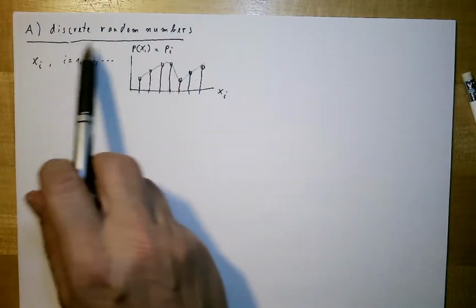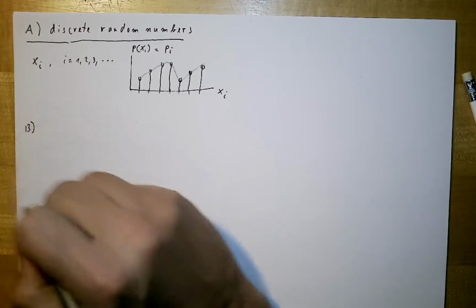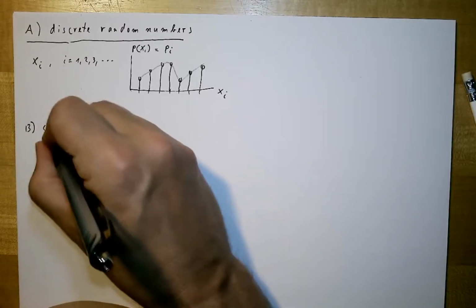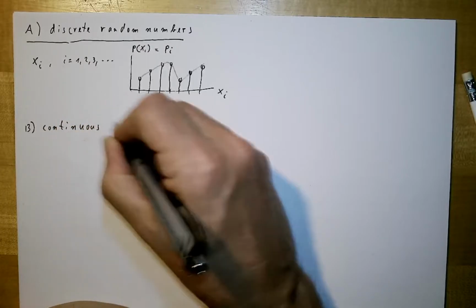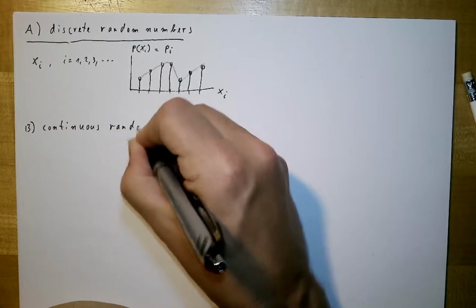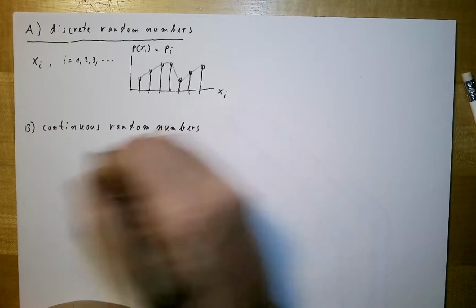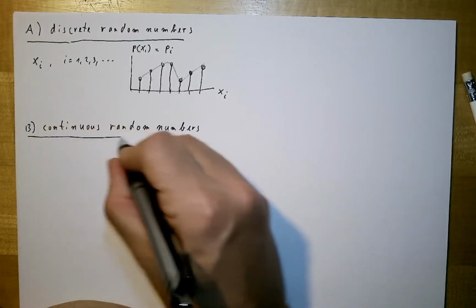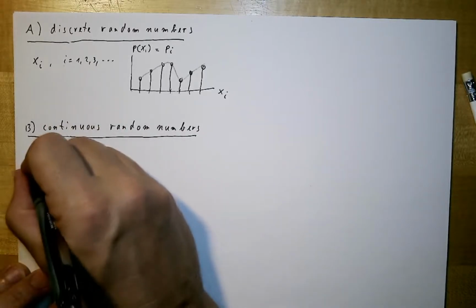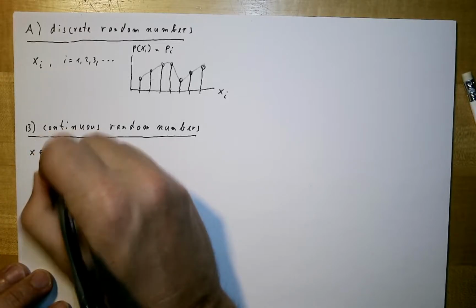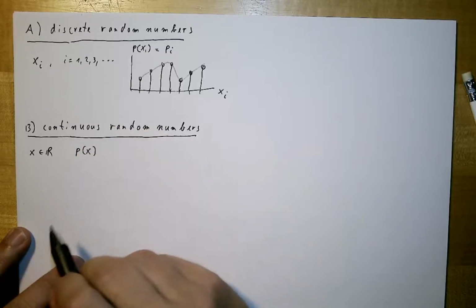But often we don't have discrete random numbers. We can also have random numbers which are continuous. For a continuous random number, this x will be a real number, and then we have really a function p of x.